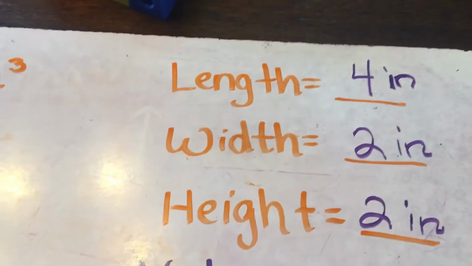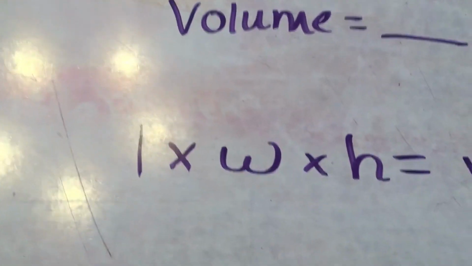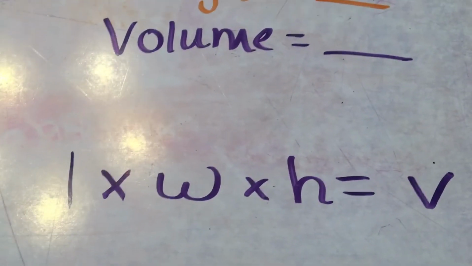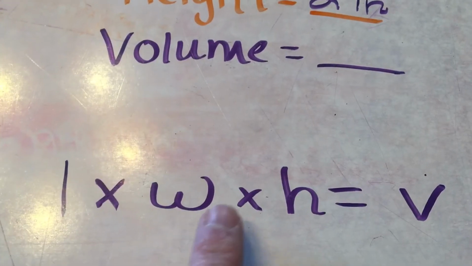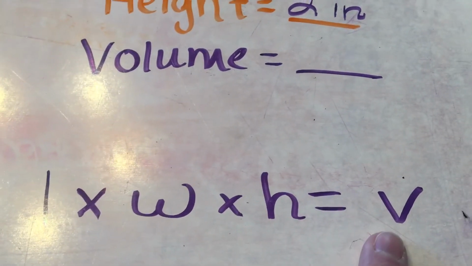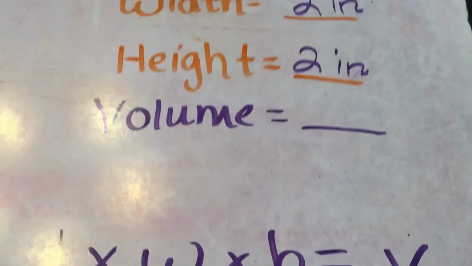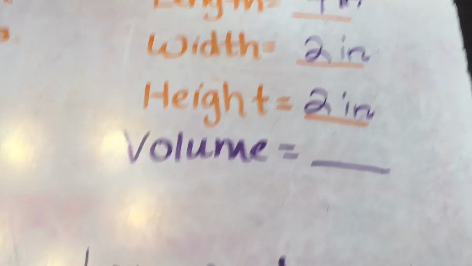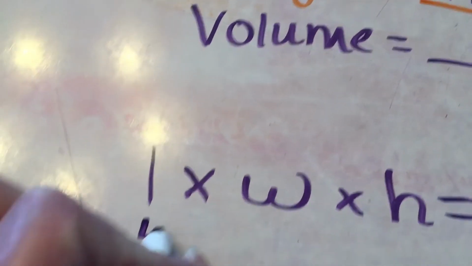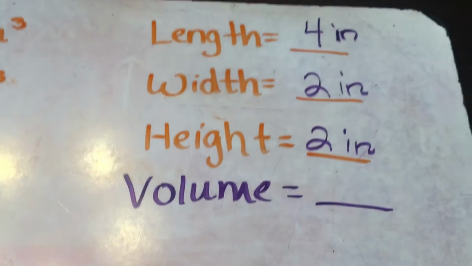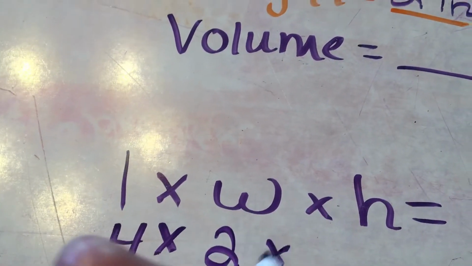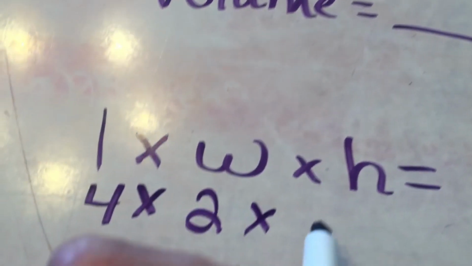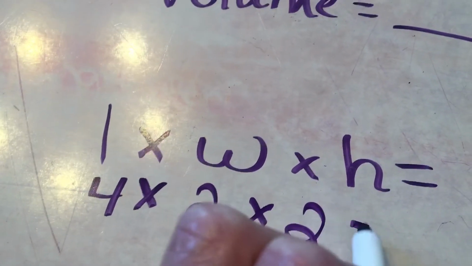My formula for finding volume is to take these dimensions and put them together. I'm going to take my length times my width times my height, and that's going to give me my volume. My length is 4, so I'm going to put 4 here. My width is 2, so I'm going to put a 2 here. And my height was 2 inches, so I'm going to put a 2 here.